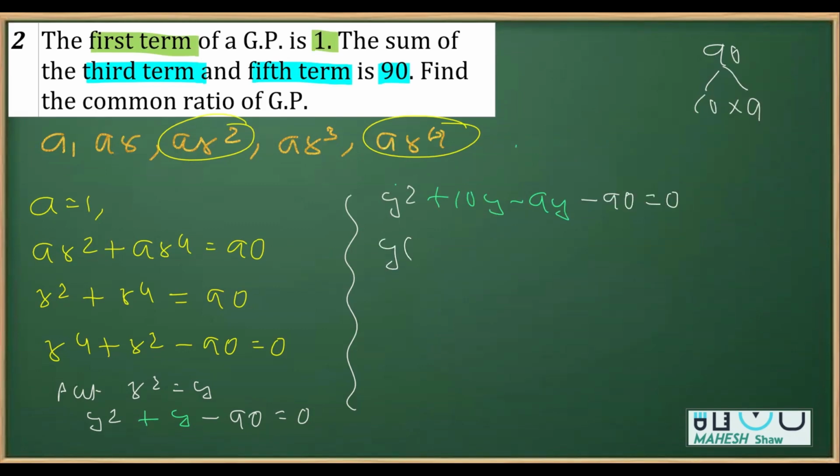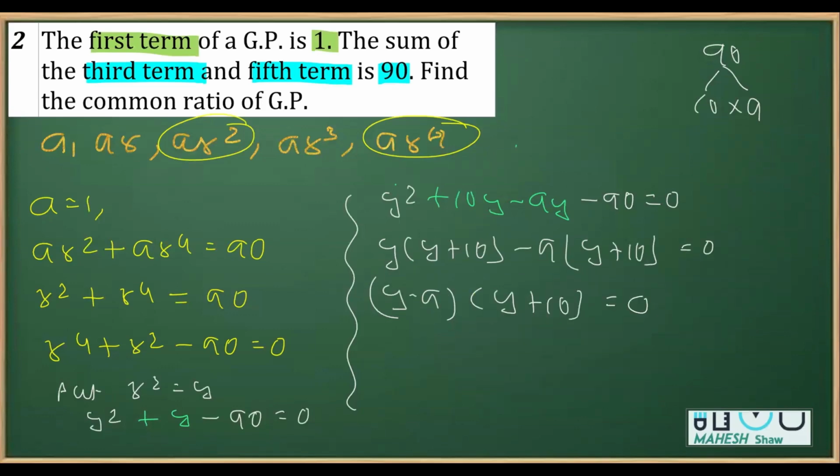When I take y common, it's y plus 10, and when I take minus 9 common, we again get y plus 10. So we have y minus 9 and y plus 10 equals 0. So y minus 9 equals 0, or y plus 10 equals 0. Here y is equal to minus 10, and on this side y is equal to 9.